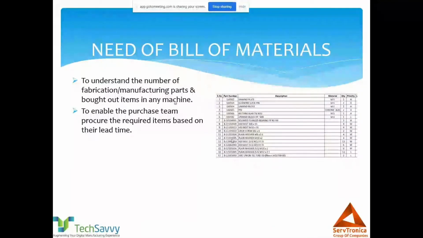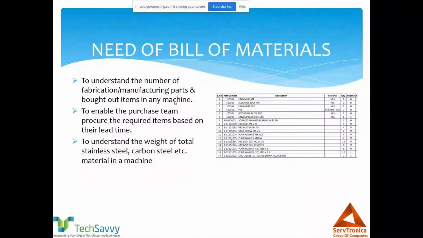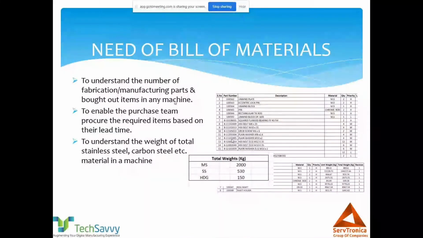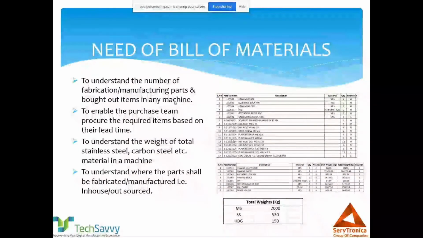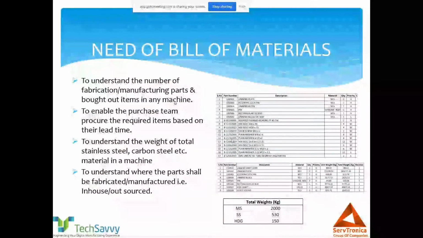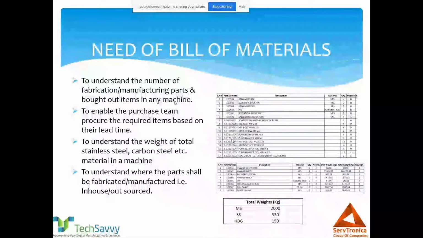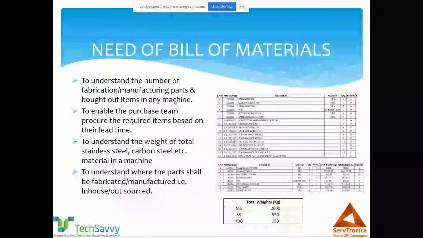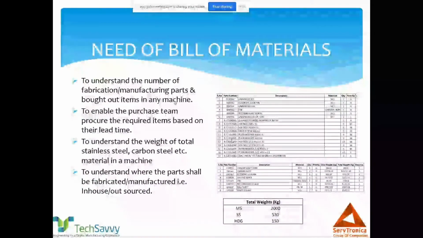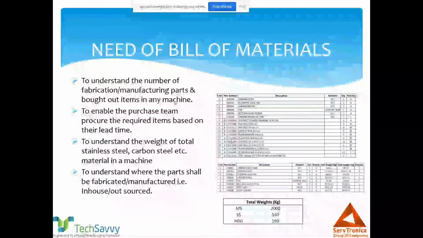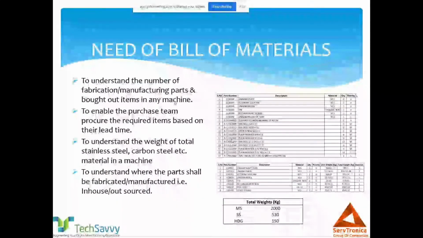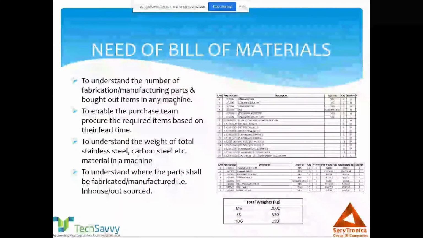We also need the material, different grades of material, and their respective weight. So there are a lot of aspects which actually drive from the bill of material. It becomes the heart of the design. It is a critical point of any design department or manufacturing industry, because if there's a mistake in this, it affects the complete process cycle.